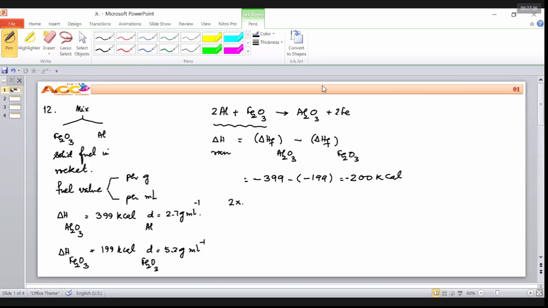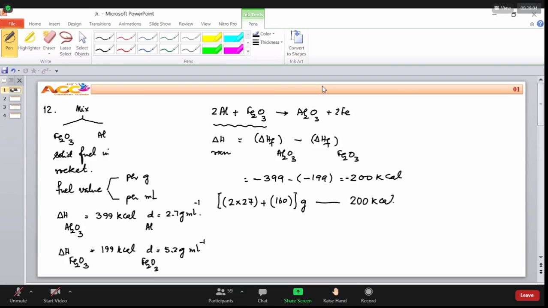If it is fuel, then 2 into 27 grams. Are you able to follow the point? Yes, total mass of aluminium plus iron, 56 into 2, 112. Oxygen 16 into 3, 48. 112 plus 48, how much? 160. For this many grams of fuel, I am getting energy 200. No, I don't require this one.